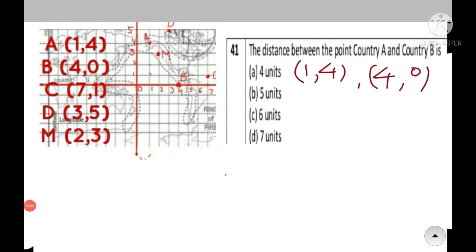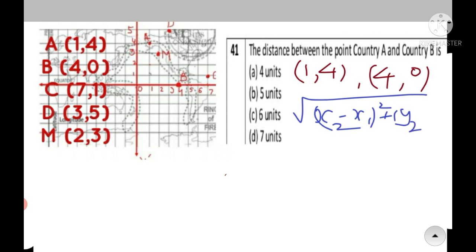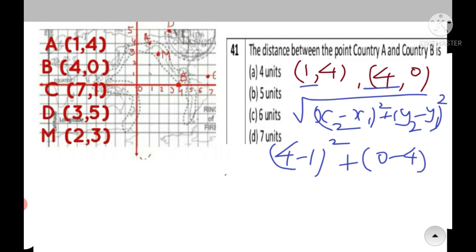In question number 41, we need to find the distance between A and B, that is (1, 4) and (4, 0). We know the formula for distance is the square root of (x2 minus x1) whole square plus (y2 minus y1) whole square. This gives me the square root of (4 minus 1) square plus (0 minus 4) square.